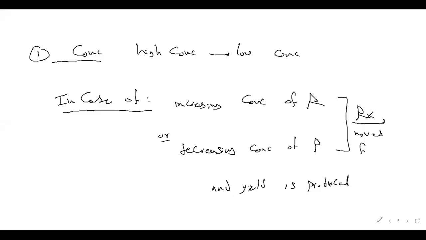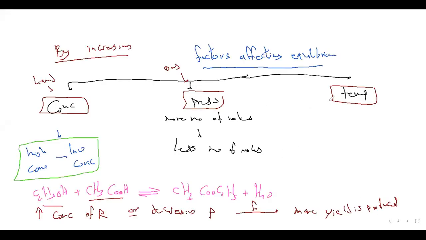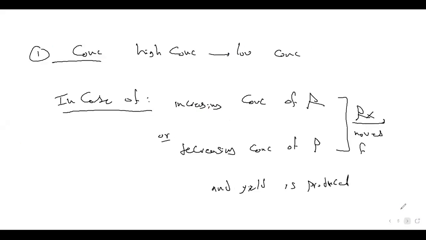For the third one, temperature. In temperature, it depends on the type of reaction: endothermic or exothermic. In an endothermic reaction, delta H is positive, and in an exothermic reaction, delta H is negative.